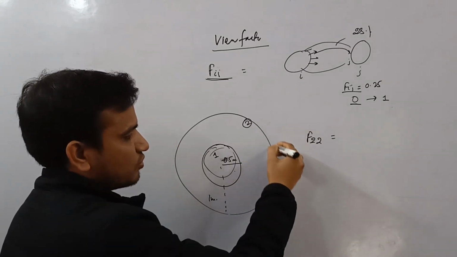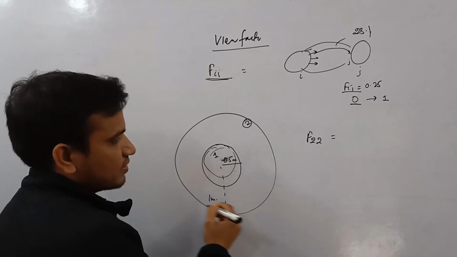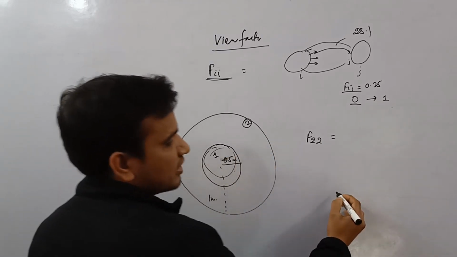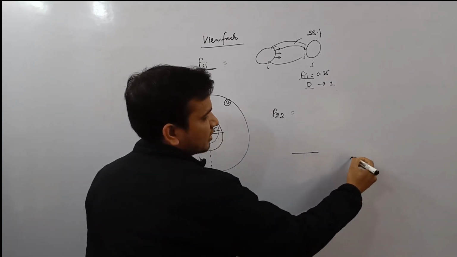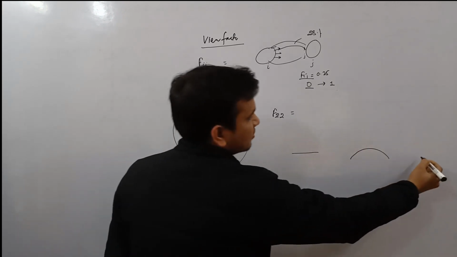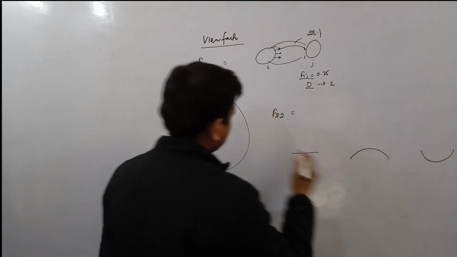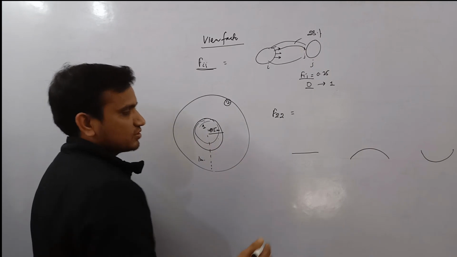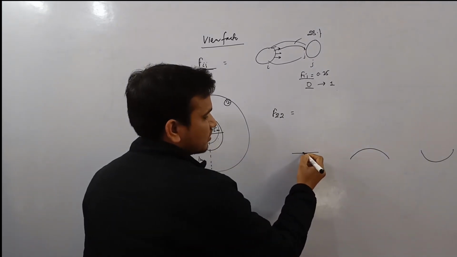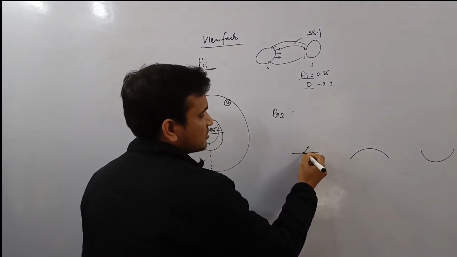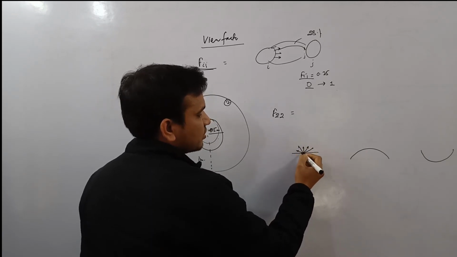See, this is a convex kind of surface. Now there are three situations: you take a plate, you take a convex, and you take a concave. This is a concave kind of situation. Suppose radiation is originating here.